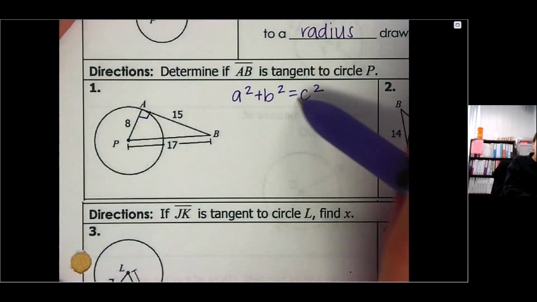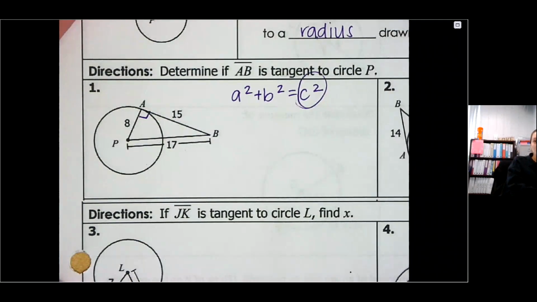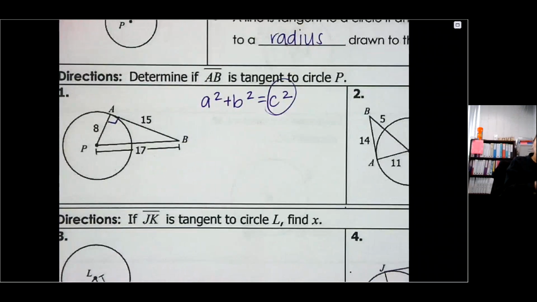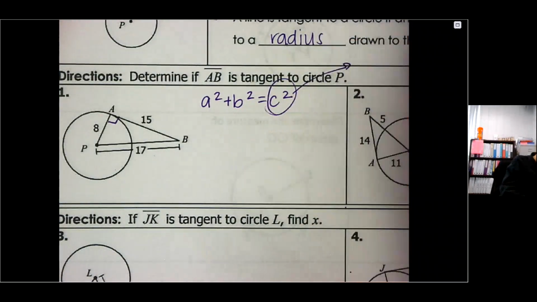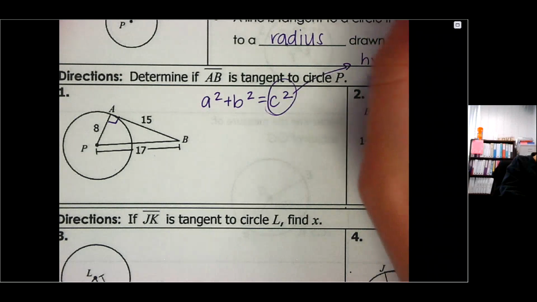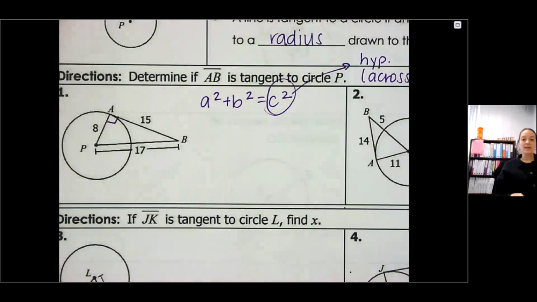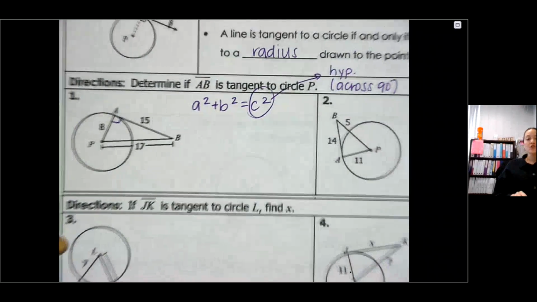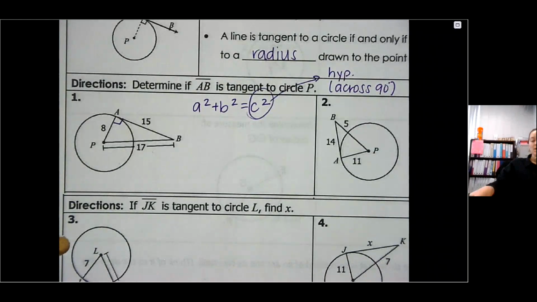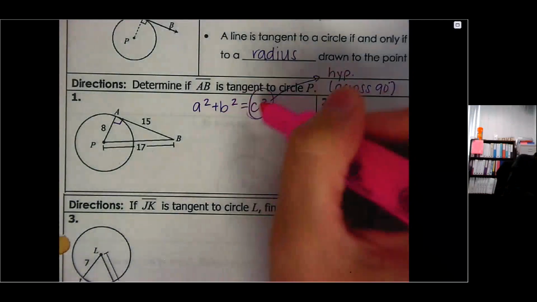What number do I always put as the C squared value? The hypotenuse, the one that is across from the 90. All right, so in my picture here, which one is my C squared value?